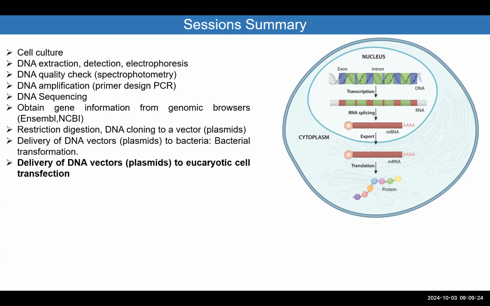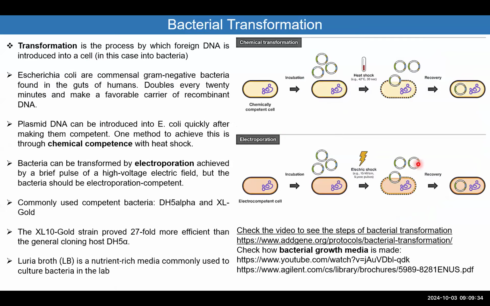Now, in the previous lecture, let's go here. In the previous lecture, we discussed transformation, which is the process by which we introduce DNA or a plasmid into bacteria, either by chemical transformation, using some calcium chloride and then heat shock, or by electroporation, where we introduce a sort of electric shock that causes small pore formation within the bacteria.